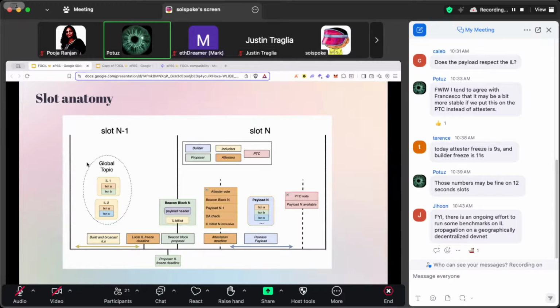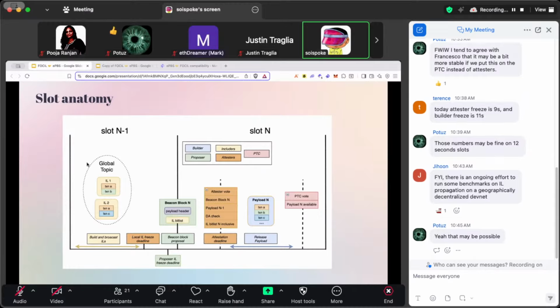But if you can keep that 1 second and then reduce the difference between the attesters freeze deadline and the proposers to 1 second as well, then it's 2 seconds. I don't know, we need to see. I want to maybe write something later about what happens in the 6 second slots. But yeah, we'll have to see.